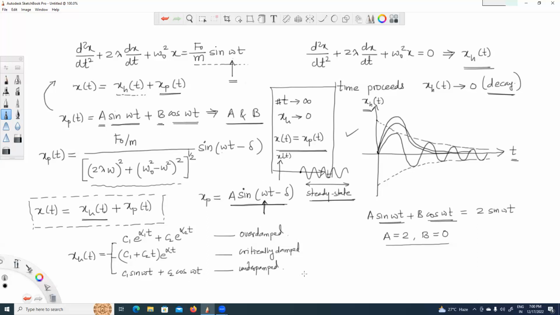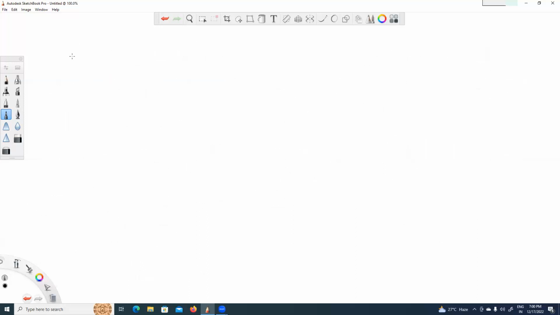So what did we understand here? Let me write this solution again. I'll erase everything and write the brief solution here. xp of t will look like f naught over m divided by the square root of 2 lambda times omega squared plus the bracket omega naught squared minus omega squared, bracket squared, times sine of omega t minus a certain phase delta.